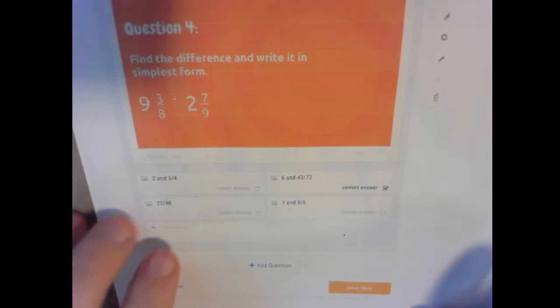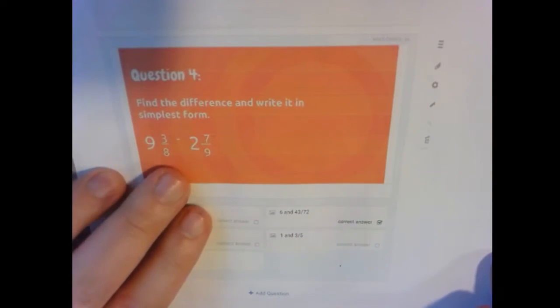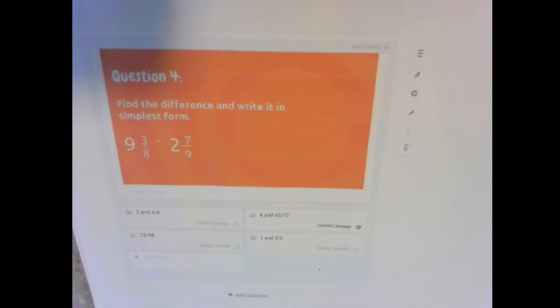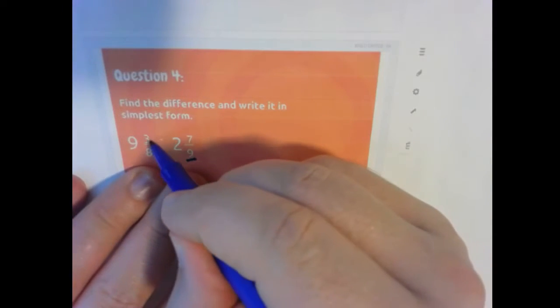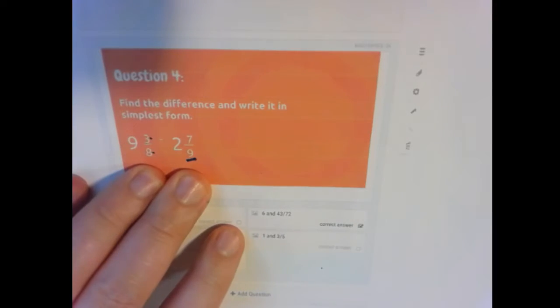All right, one last of these to practice. Okay, so if you recall, the first thing is to get the fractions to have matching denominators. So I'm going to take this denominator of 9 and multiply it to both of these numbers.